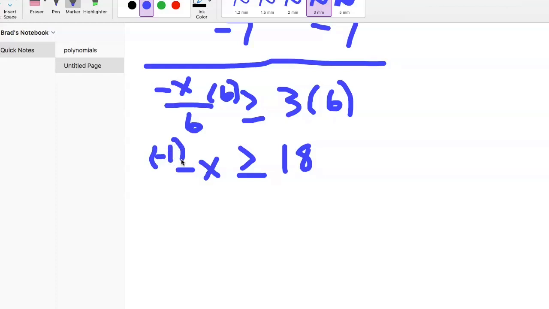And this comes to the rule I was telling you about at the beginning of this video. Now we have x, and we have to flip this sign. It was greater than or equal to, but because we multiplied by a negative, now it's going to be less than or equal to, and 18 times -1 is -18, and there's our answer. x is less than or equal to -18.